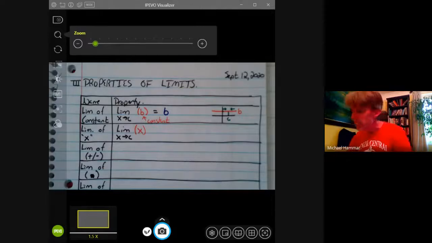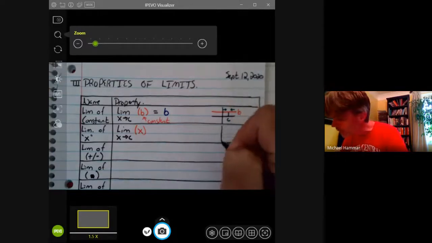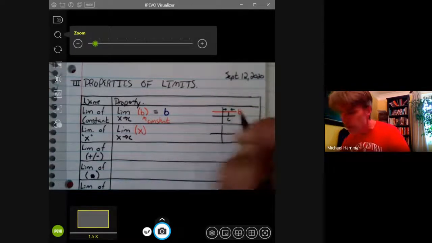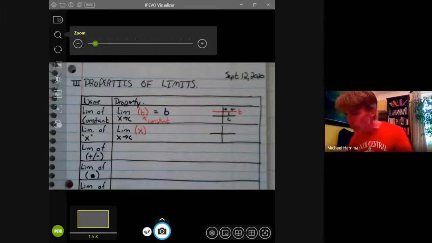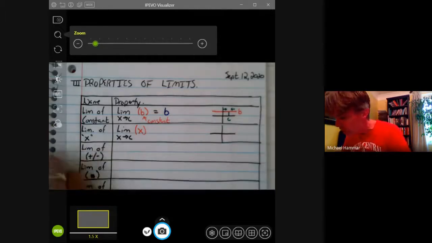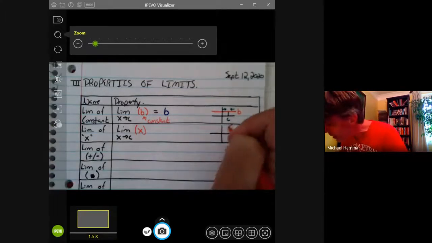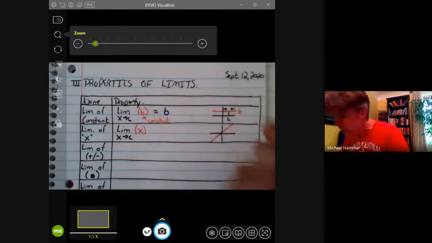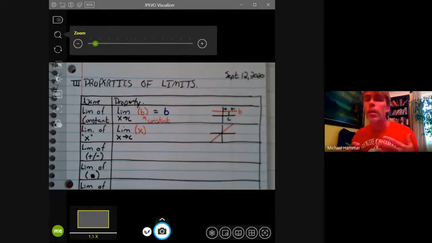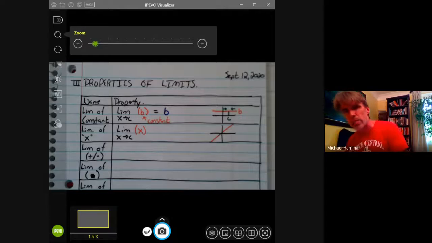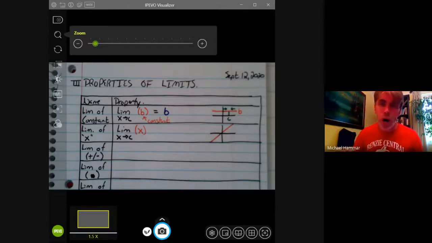Well, I like to think of this one graphically as well. Remember, the function y equals x is a slanted line that goes through 0, but it's simple. For every x, it's equal to y. So if you pick 1, the y value is also 1.